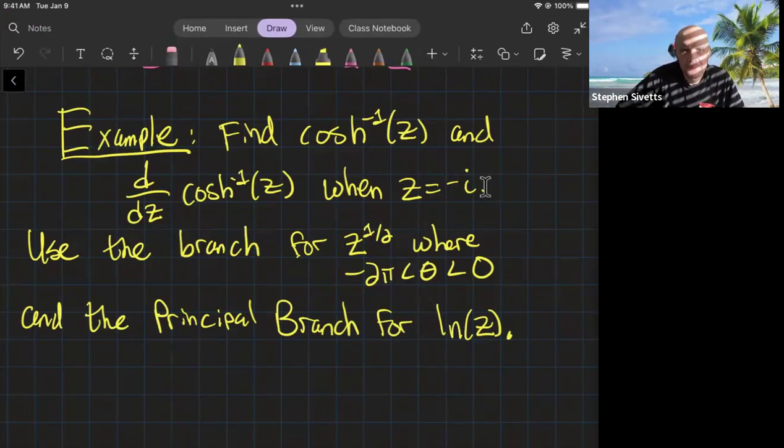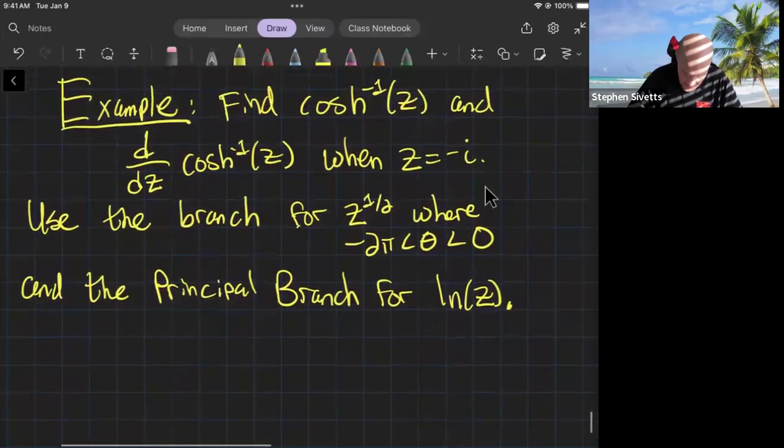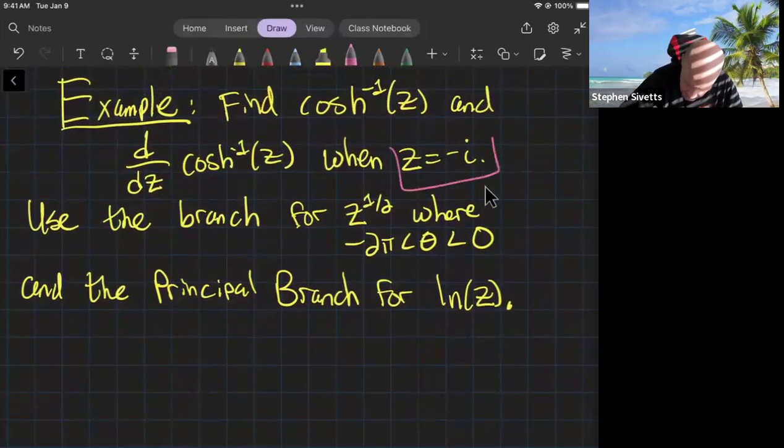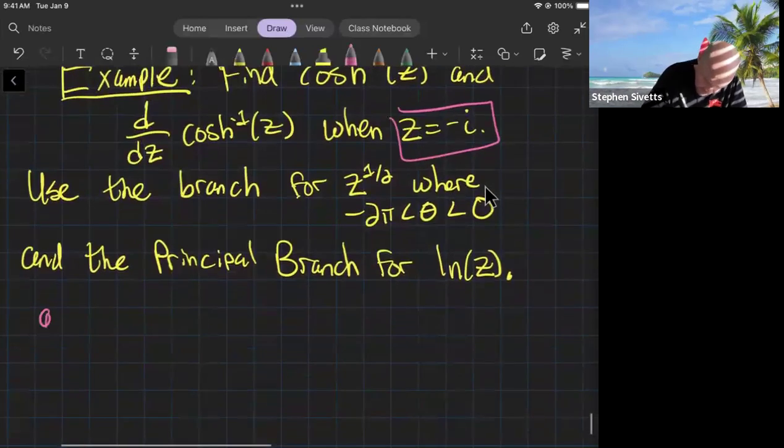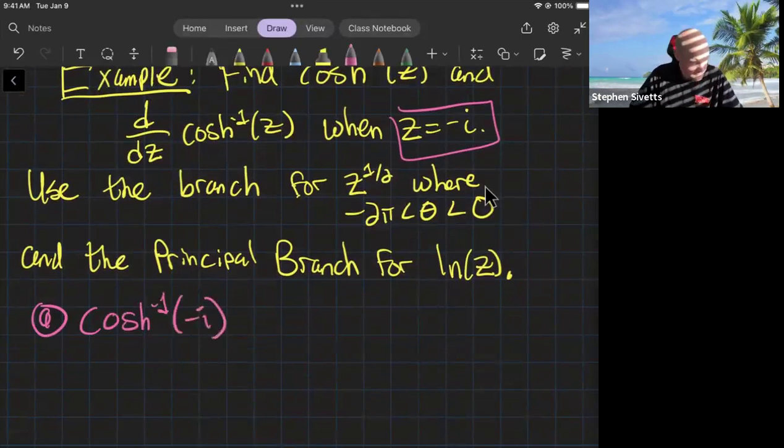All right, so I assume you worked on this example. Let's compute what this equals. We have that z is equal to minus i. So first, let's look at what inverse hyperbolic cosine of minus i equals, right?